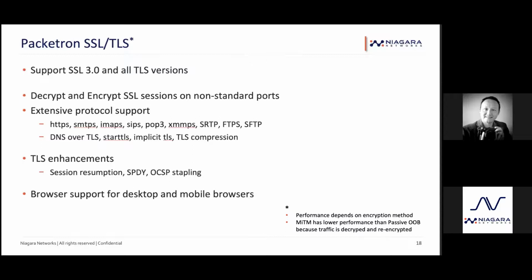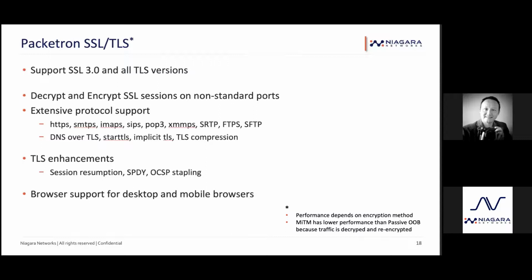If you look at the standard deployment, we can just look at whatever TCP port is used, and we recognize that application. We don't need the port to recognize the specific application. So we know HTTPS usually runs on port 443, but we do not have to have that on port 443 to recognize that it's HTTPS.